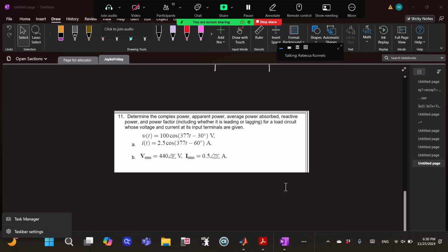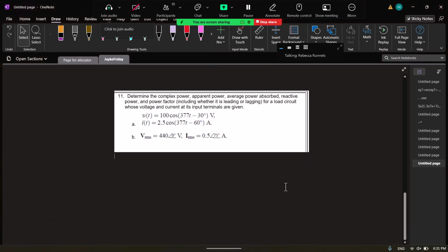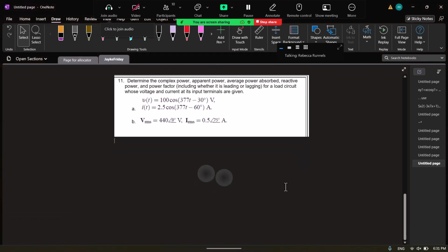Yes. Okay, great. So I'm supposed to determine the complex power, apparent power, average power absorbed, reactive power, and power factor, including whether it's leading or lagging, for the load circuit with the given voltage and current.